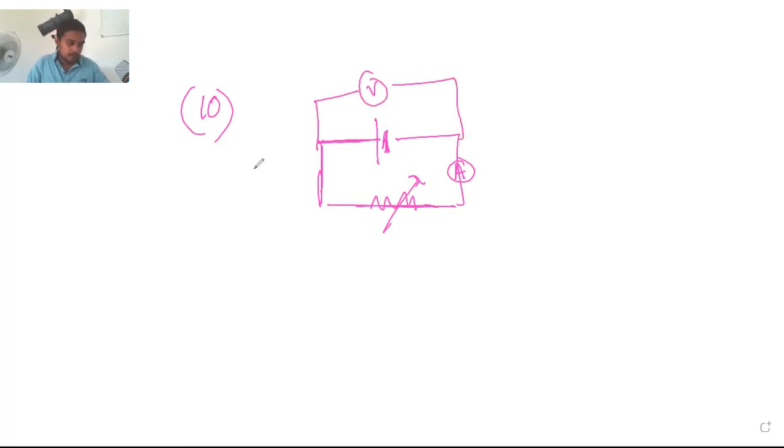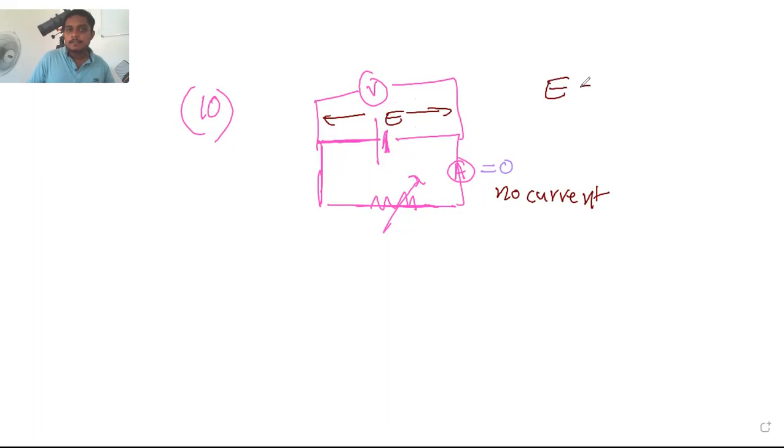So for the first part, they said the voltmeter reading is 2 when the ammeter is converted to 0. Ammeter converted to 0 means no current is going. No current means it only shows the EMF of this battery. EMF is equal to 2 volt. That is the first part that we know from this question.